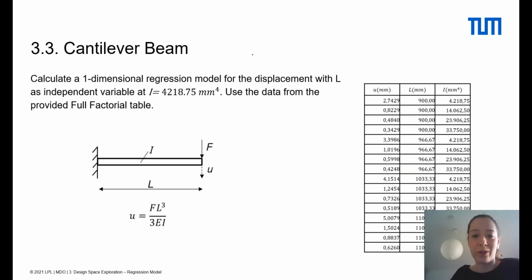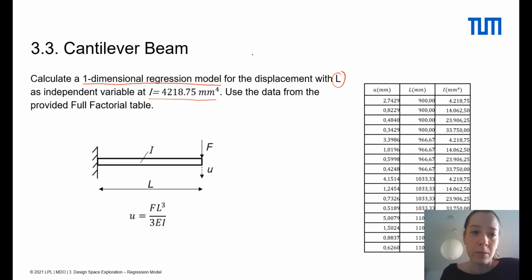Okay, for the third task we have to calculate a one-dimensional regression model for the displacement with L as independent variable at a certain value for the inertia. So we got the same cantilever beam as in the last exercise, in task 3.2, and we got the same full factorial table here.